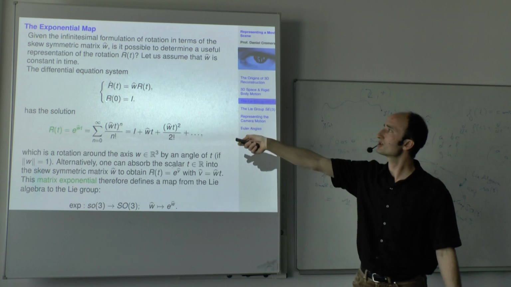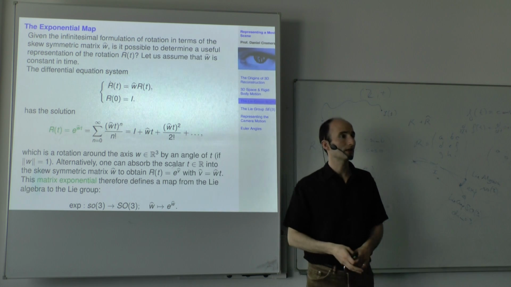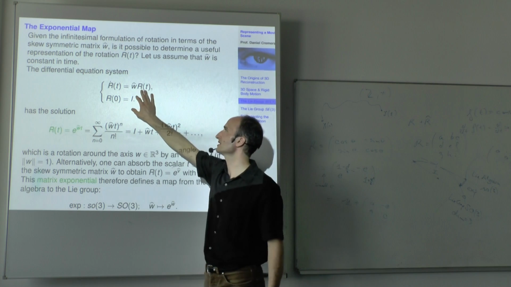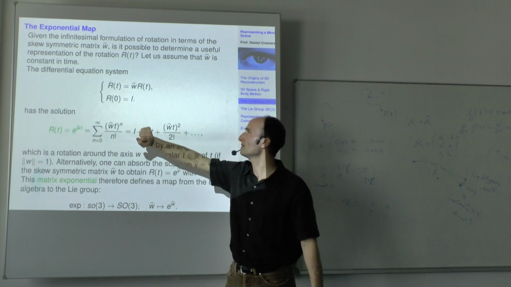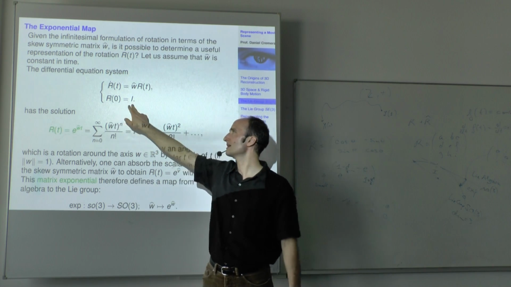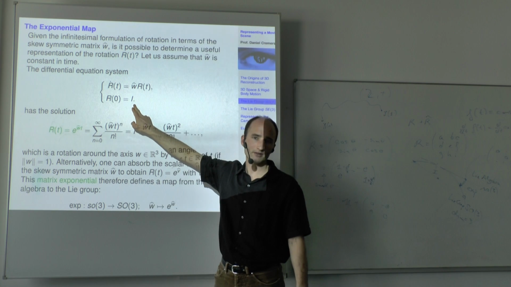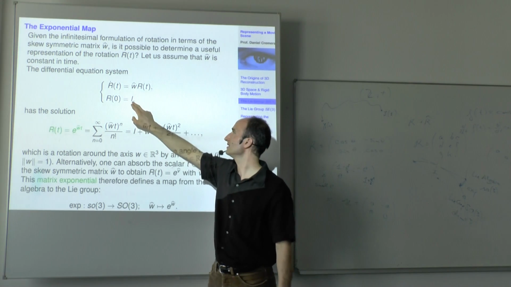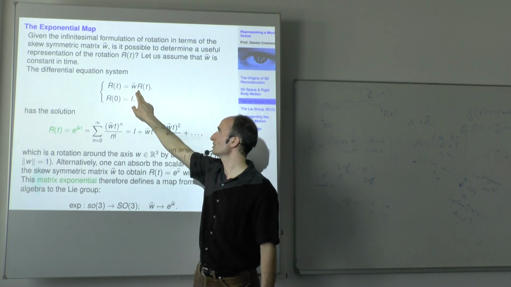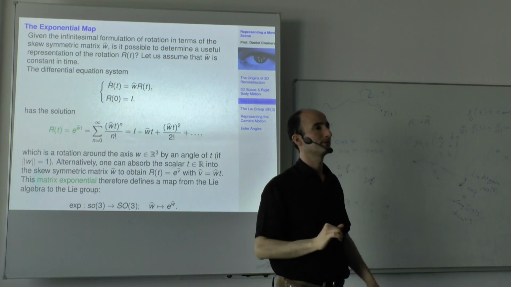Then we can try to solve this equation system. So let's say I give you this equation system and I say I want a family of rotations such that at time 0 there should be the identity matrix, and such that in addition they should fulfill this equation.